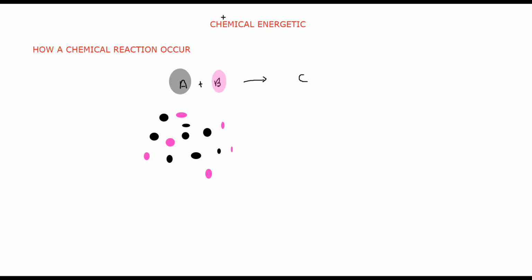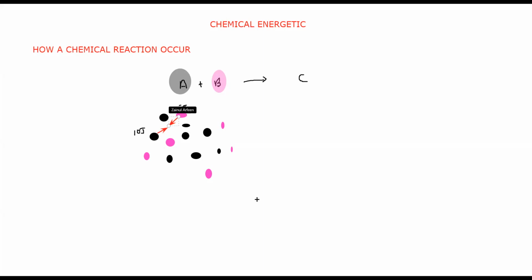For example, particles of A have 10 joules of energy and particles of B have 5 joules of energy. How does a reaction occur? Reaction occurs by collision. When the particles hit each other, as a result, they will form a product.